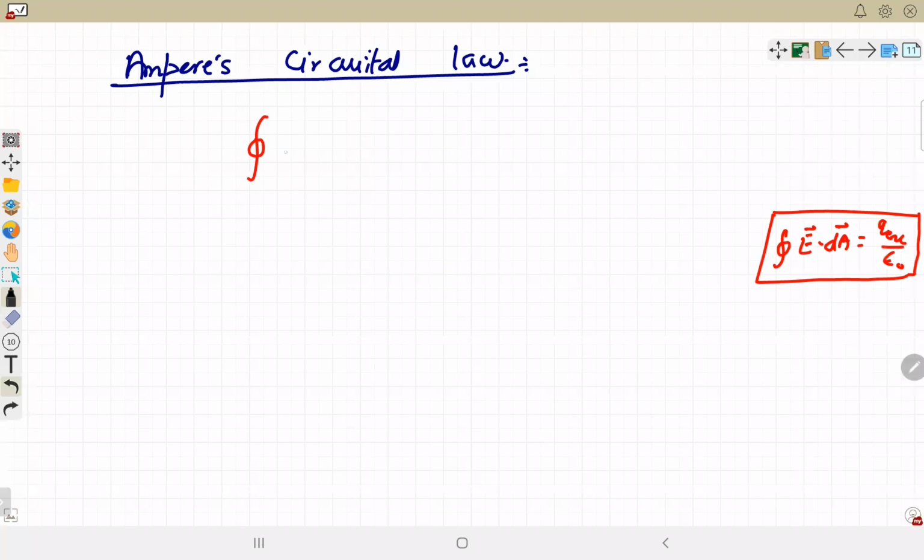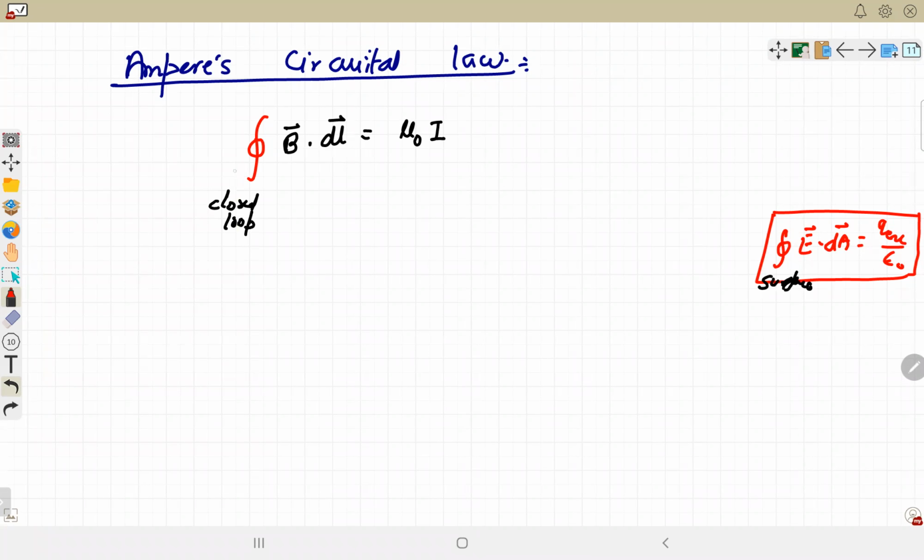Here it is: line integral of magnetic field B dot dl is equal to mu naught times the current passing through it. It has to be a loop. That's why there is a line integration dl. In the case of Gauss law, it was supposed to be a closed surface. That's why it was an area integral.